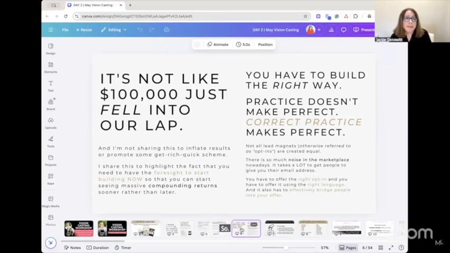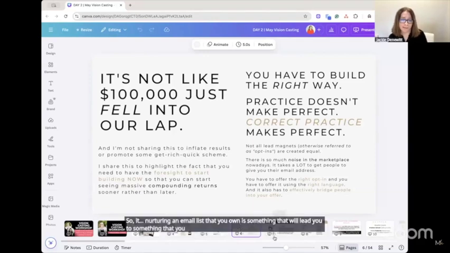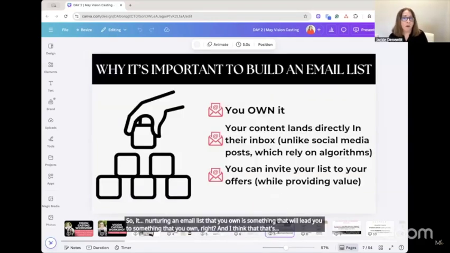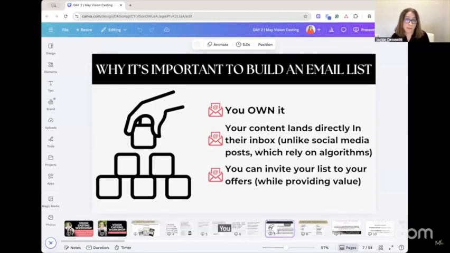So nurturing an email list that you own is something that will lead you to something that you own, right? And I think that's on our next slide. So why is it important to build an email list? The biggest thing, and this has been shown multiple times, and I hate to say it, but even on LinkedIn, you own your email list.